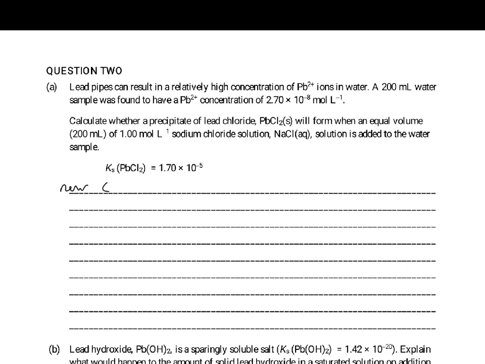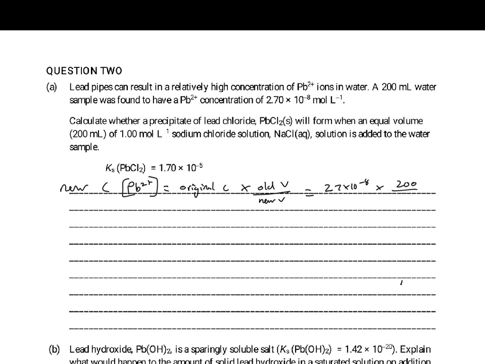So the new concentration, if we start with lead ions, and you can use a little shortcut, it's the original concentration times the old volume over the new volume. So in this particular case, the original concentration of lead ions was 2.7 times 10 to the minus 8. The original volume of lead ions was 200 mL.